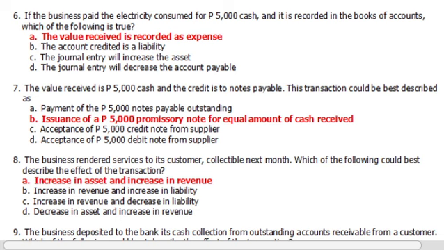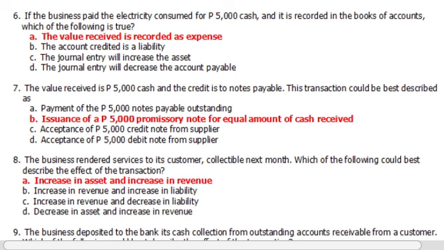Sabi dito sa question is, business deposited to the bank its cash collection from outstanding accounts receivable from a customer. So, yung ating entry, yan yung collection natin.